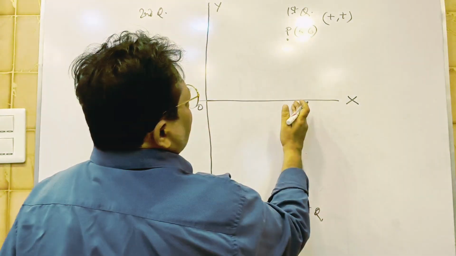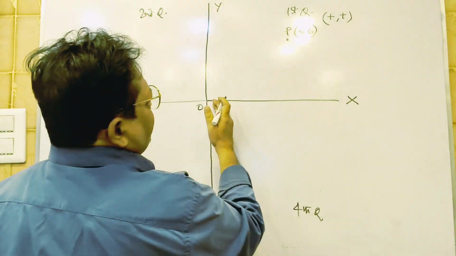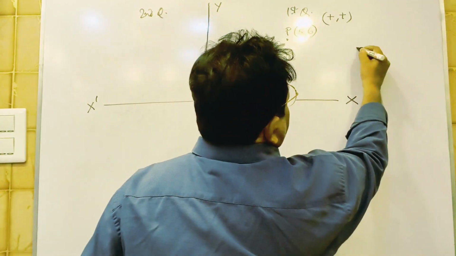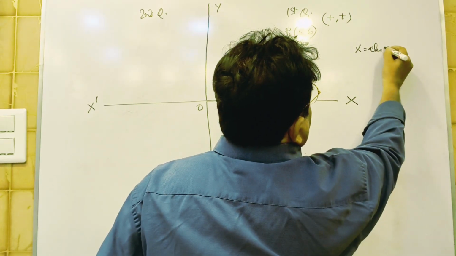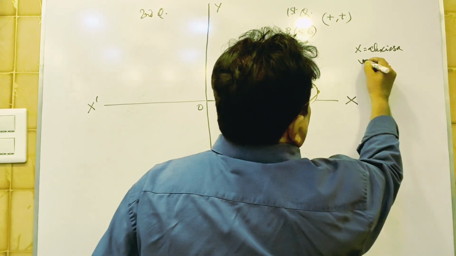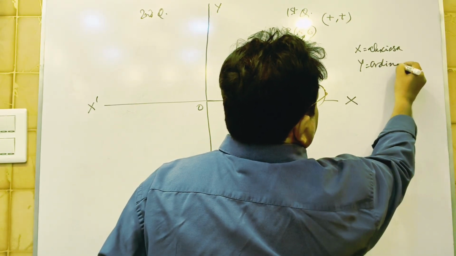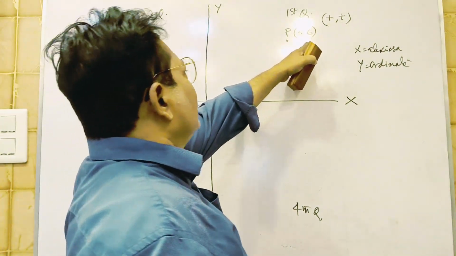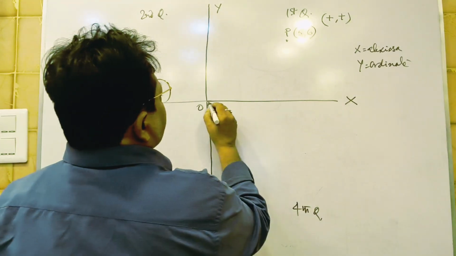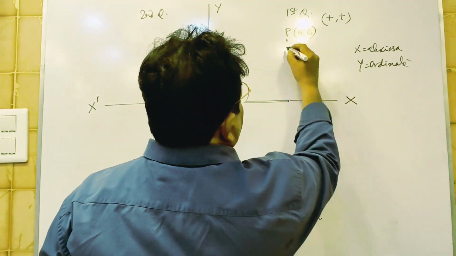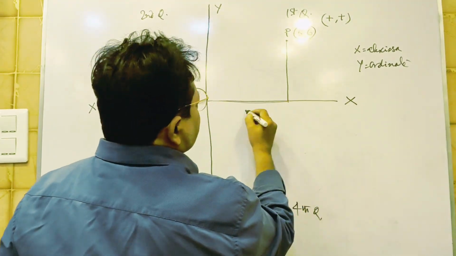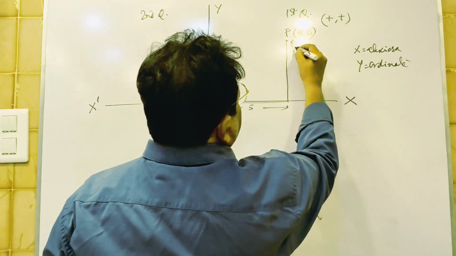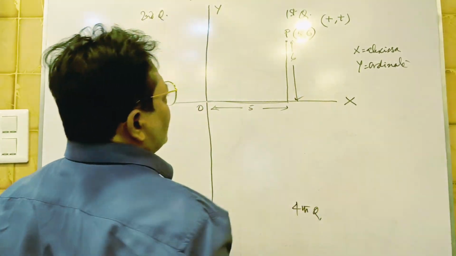The x coordinate is called the abscissa, and the y coordinate is called the ordinate. So here the abscissa is 5 and the ordinate is 6. That is, this is up to 5, and this is up to 6.